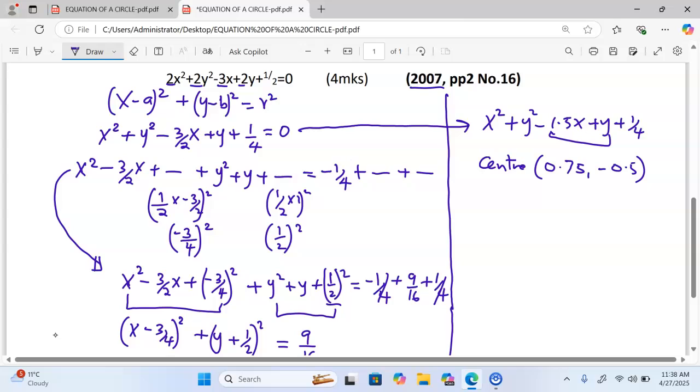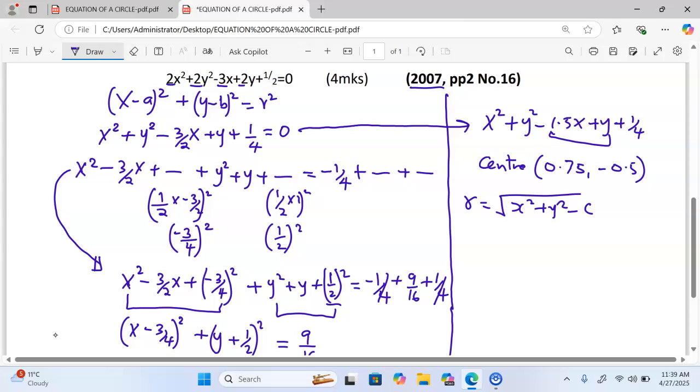Then for us to get the radius, remember this is positive 1/4, so we moved it to the other side. Radius is going to be generally the square root of x squared plus y squared minus the value of c in this case.